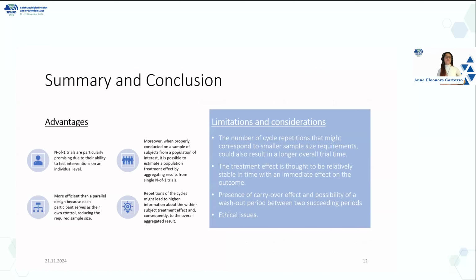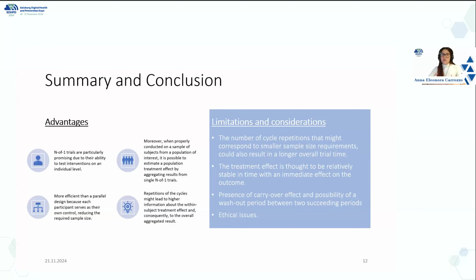So let me summarize and conclude. Well, the N01 study design presents several advantages. N01 trials are particularly promising due to their ability to test interventions on an individual level.